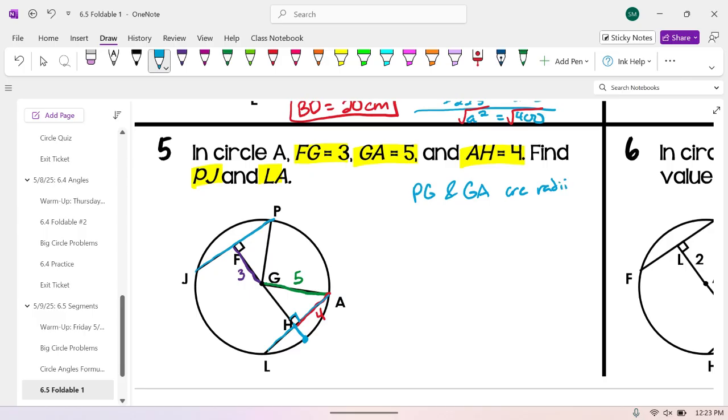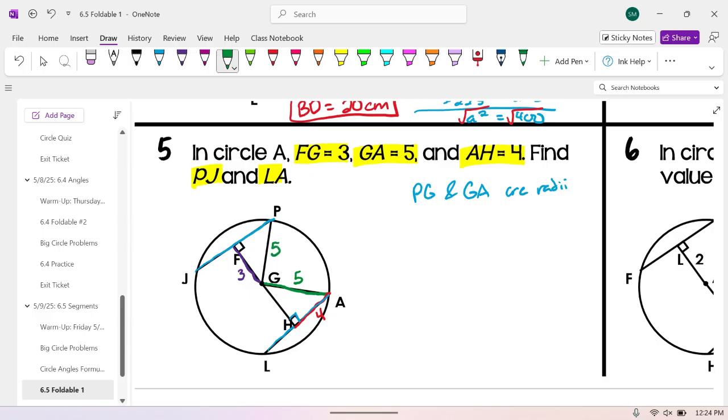Now, since they're radii, what does that mean PG has to be equal to? PG has to equal what? The same thing as GA, which is 5.